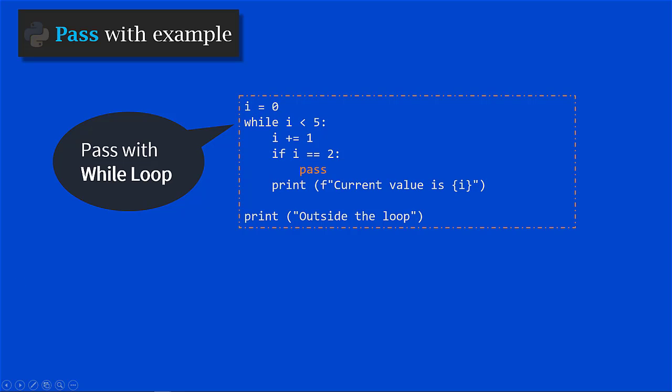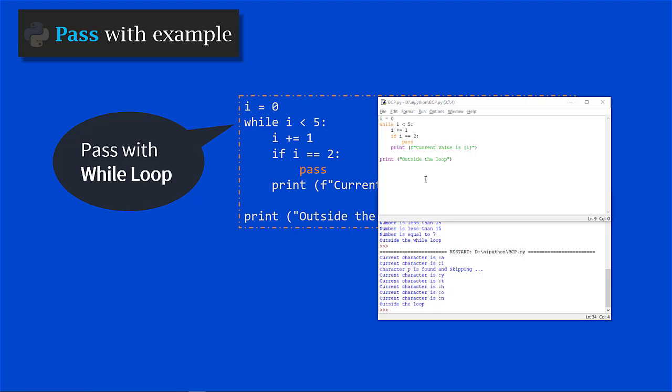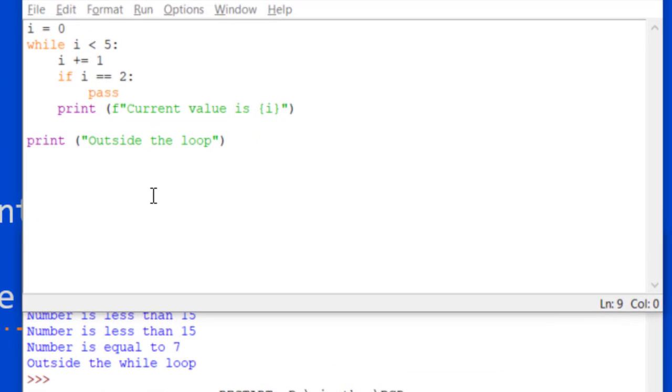Let's see this code. I have written the code here, and let's execute. But before execution, let's understand and also pay attention to the indentation. As you can see, inside the while loop I have used pass, which is inside the if. So indentation is a must. That 4 space is required before writing this pass.